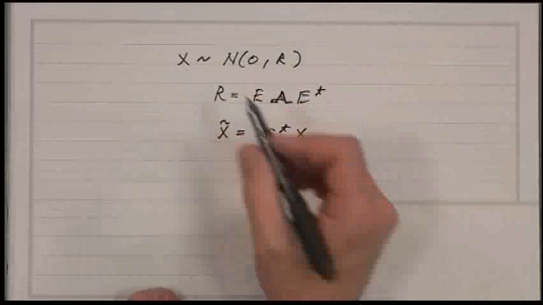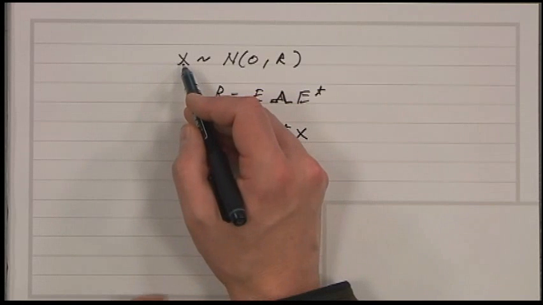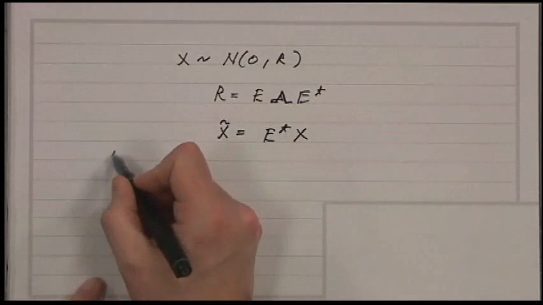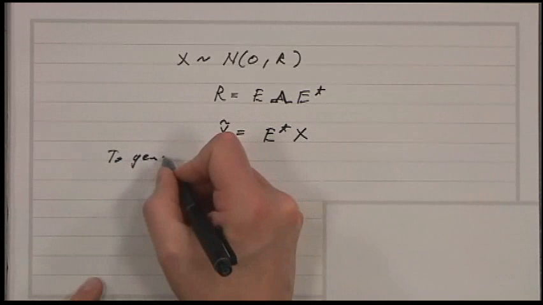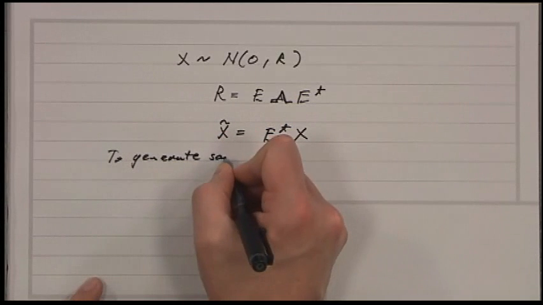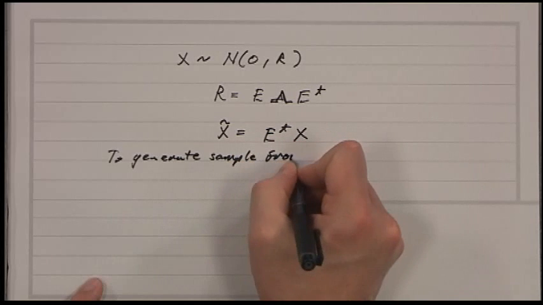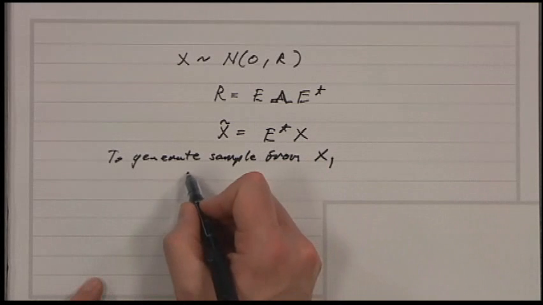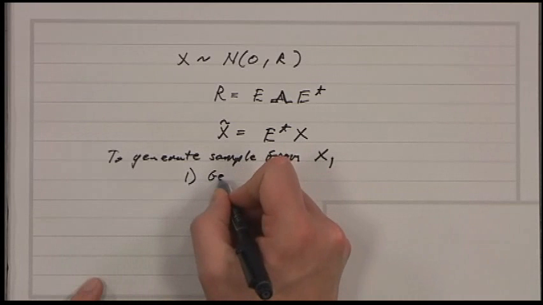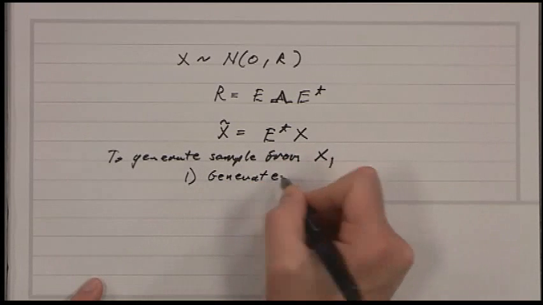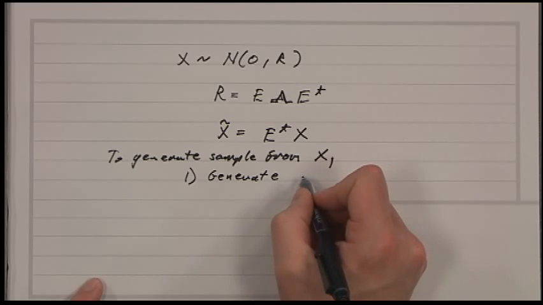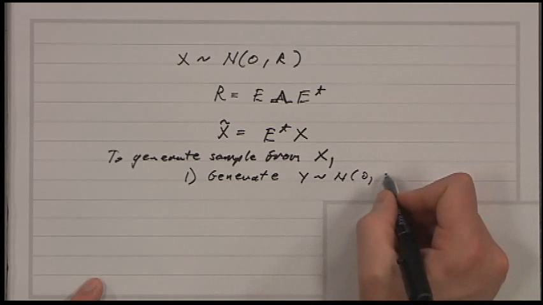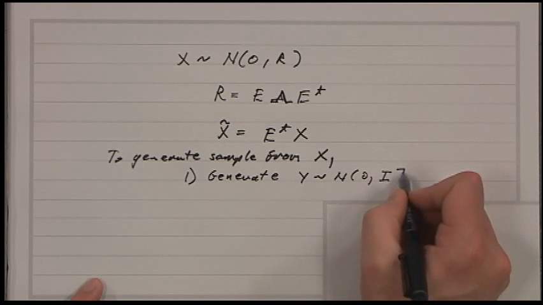So if you want to generate these random vectors, it's very easy to do. To generate a sample from X, there's two steps. One, you generate Y to be normal with mean 0 and identity matrix.